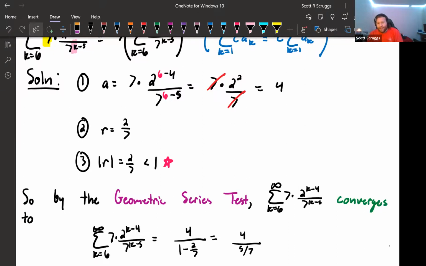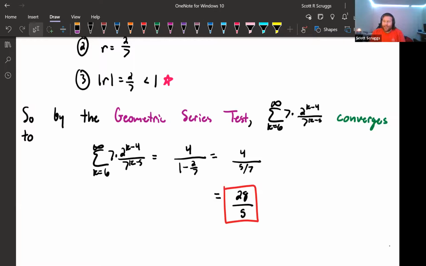And not only that, it tells me it converges to this particular number here. The 28 over 5. Any particular questions about that sample?